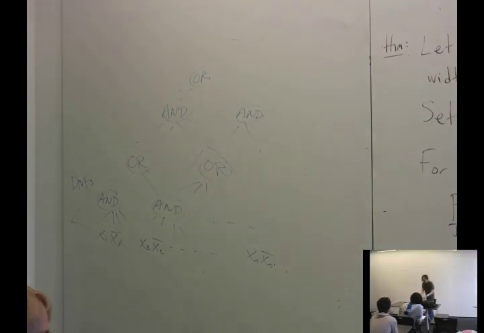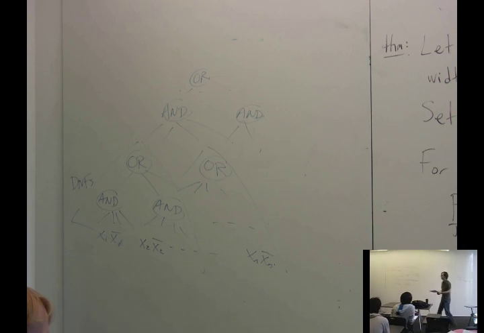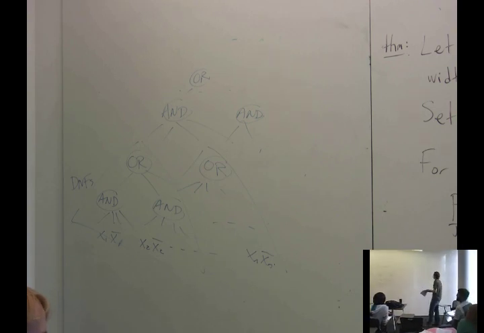OK, so we're doing this tremendous random restriction and hoping that this gigantic circuit collapses down to something so simple it's like a constant, or a constant depth decision tree. And the key idea is that random restrictions kind of compose. I'll say what I mean by that.